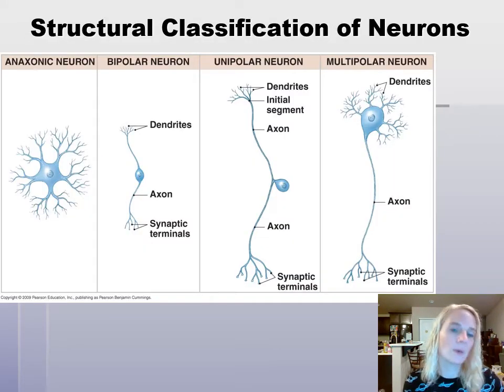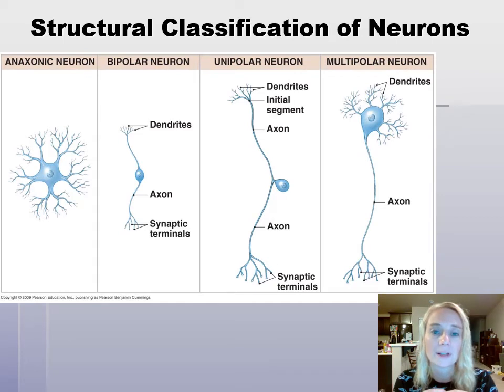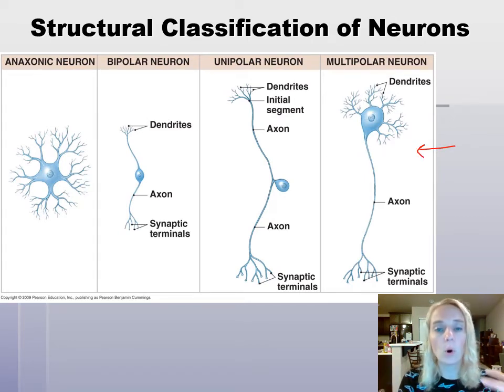All right, so now we can take a look at some various types of neurons, structural types. The one we just took a look at is this guy over here, multipolar. When we talk about multipolar, or the polarity, if you will, of a structural classification of neurons, we're looking at how many branches are sticking off of the cell body.